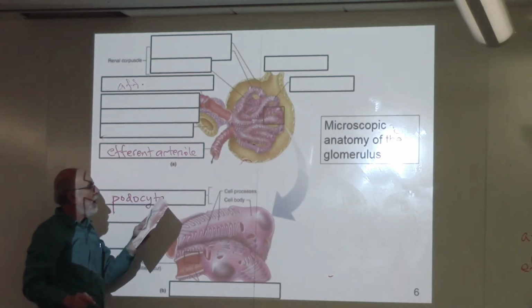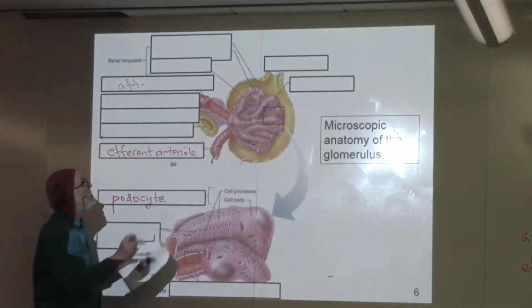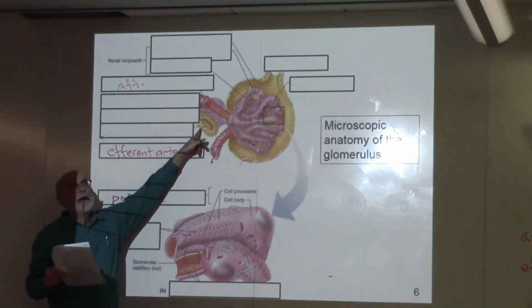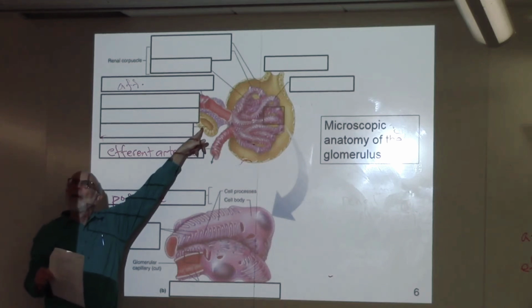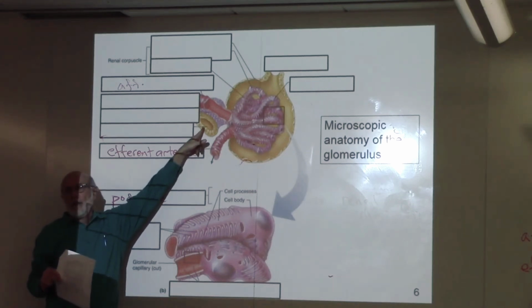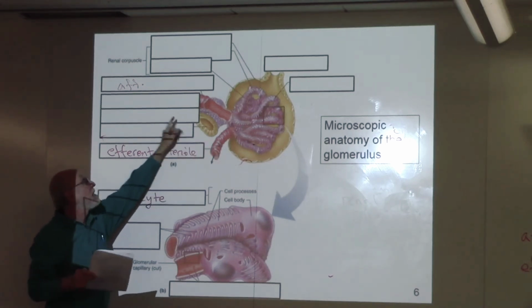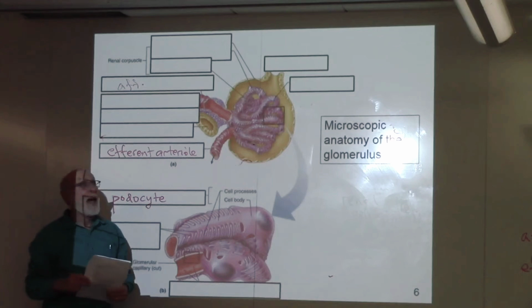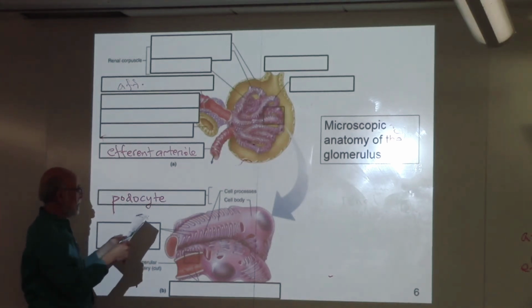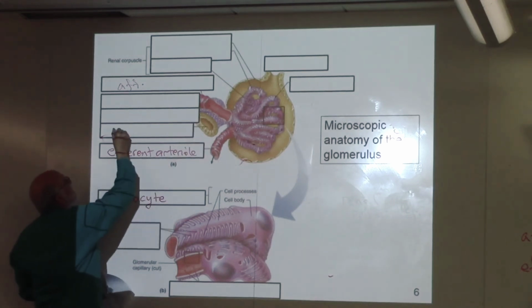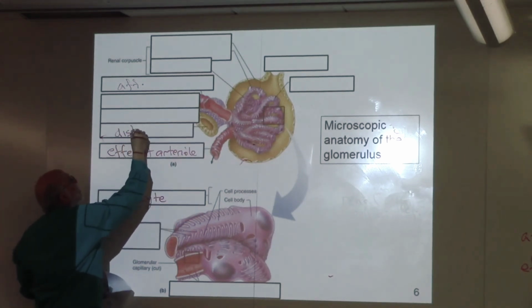What do we call this junction between afferent, efferent, and the top of the ascending loop of Henle, which is really the beginning of the distal tubule? What do we call this thing? Macula densa. So I just gave you the name. This yellow thing is supposed to be the distal tubule.